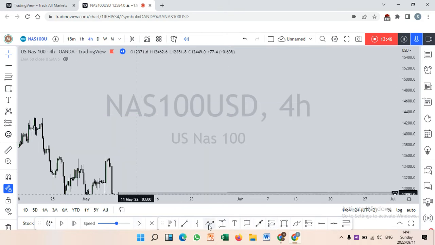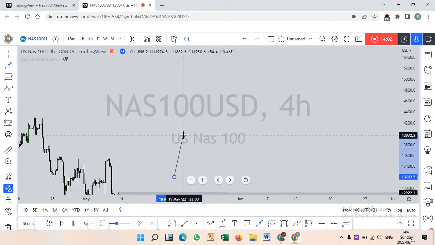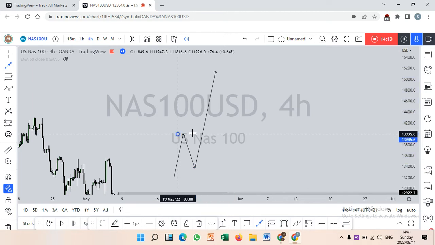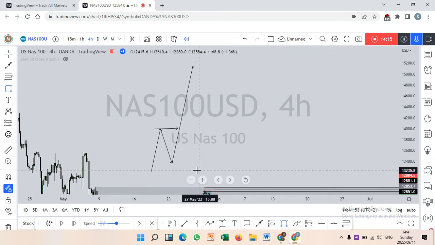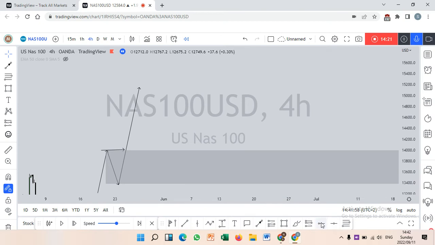There's an up move, a down move, and another up move, and there's the footprint that was created. Now we understand that within this zone, price comes back.